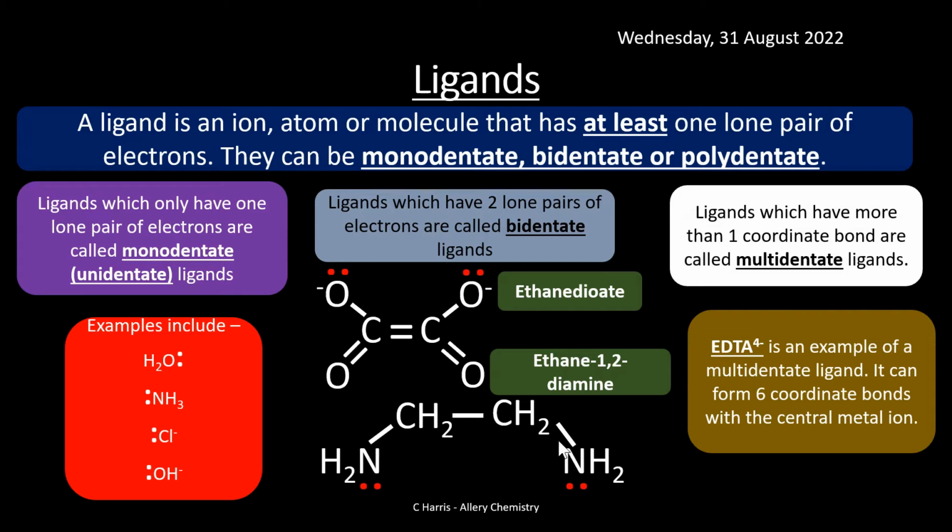A classic example is EDTA 4-. It's a very big complicated ligand. You don't need to draw it out, but EDTA 4- is an example of a multidentate ligand. It can actually form 6 coordinate bonds. So it's a bit of a beast of a ligand, to be honest. It's massive. 6 coordinate bonds, and that can bond with the central metal ion as well.